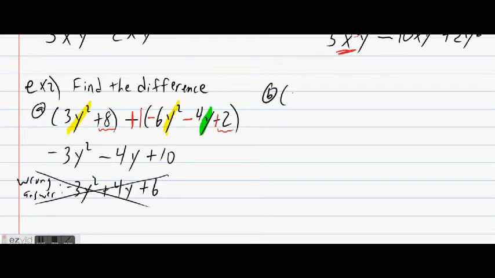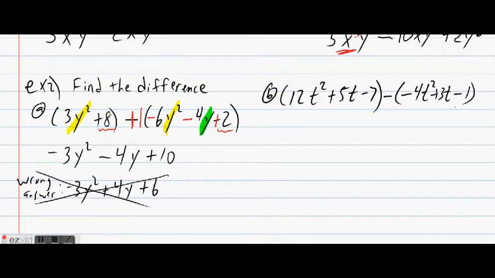All right, let's try another one. 12t squared plus 5t minus 7 minus negative 4t squared plus 3t minus 1.